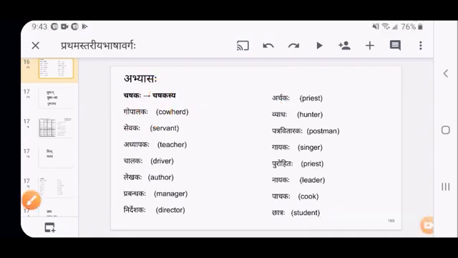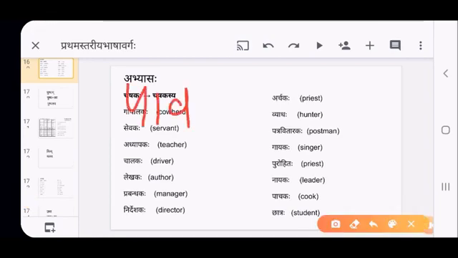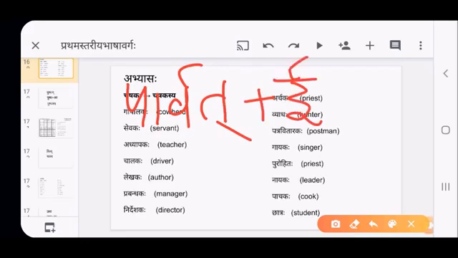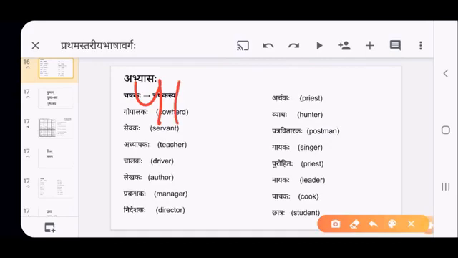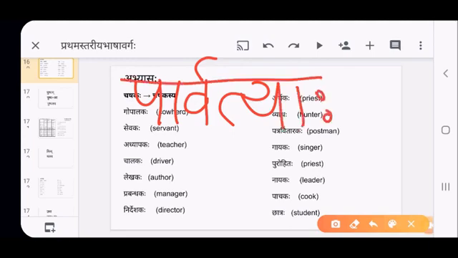Now, the other type is the Strilinga word ending in long E, Dirgha E sound, like Parvati. What we saw last time is that we have to remove that E sound at the end. When we remove the E sound at the end, what remains is Parvat, because Parvati is Parvat plus E. So we remove this Dirgha E at the end and in that place we add Yaha.